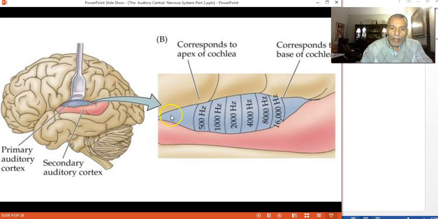So the blue area is specialized in processing harmonic tones and musical tones and things that have a rhythm, that have a pattern, that are pure tones. We call that pure tones. They are sharp and focused.